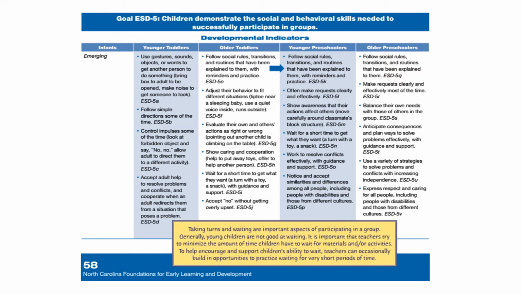So you're going to write ESD 5A as the developmental indicator if you've got a young toddler showing this specific developmental indicator that you must list on your activity plan. So that's, again, if you're asked to list the developmental indicators, that's how you would write the developmental indicator.